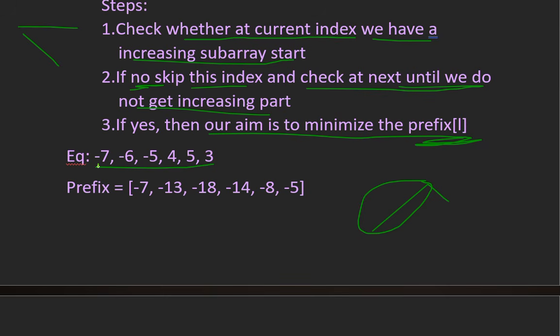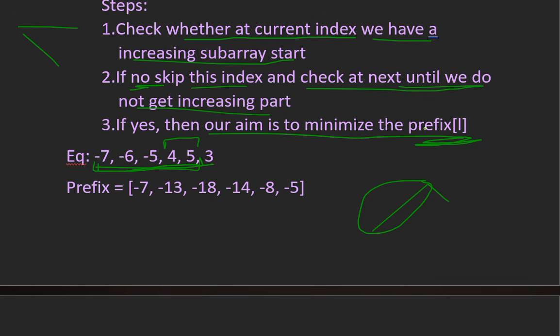This is the increasing subarray part. Should we consider the total sum? If you see the total sum, it will be minus 9. But if we consider only this part, then our sum will be 9. So how do we find which part to consider in the first increasing subarray?